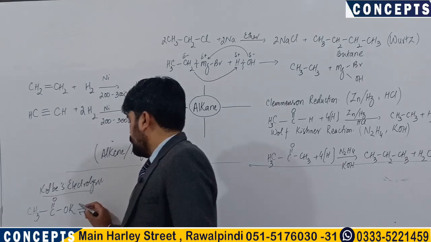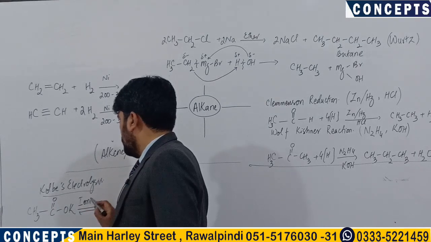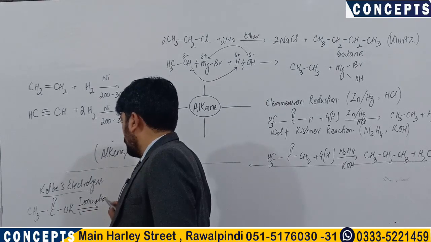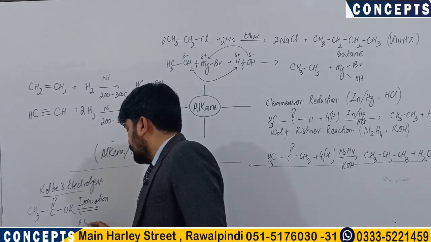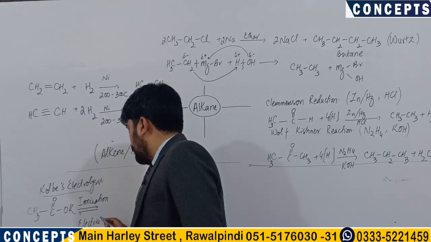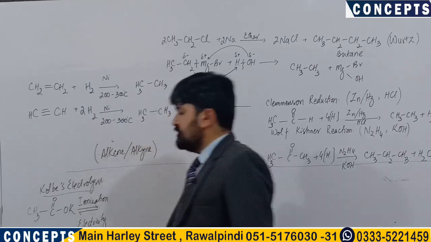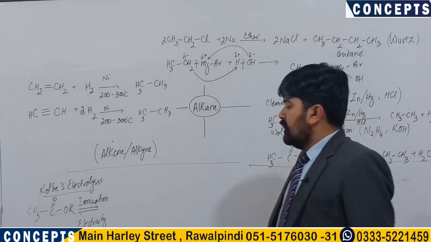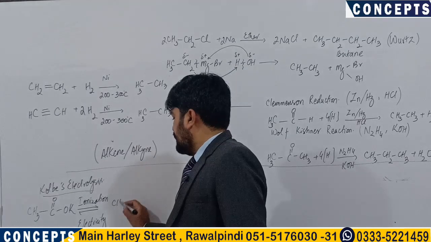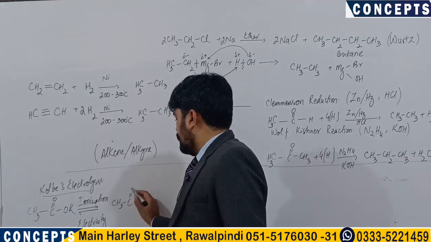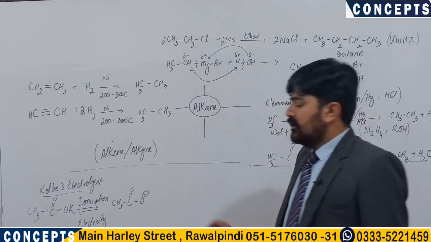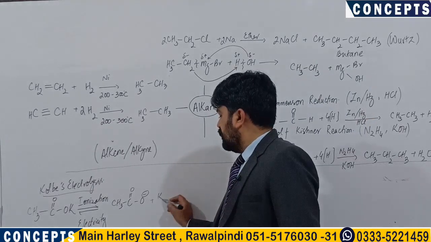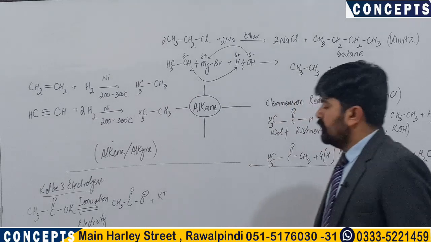What we have to do initially is perform ionization along with passing electricity through the mixture. Upon ionization, we get negatively charged acetate ion and positively charged potassium ion.